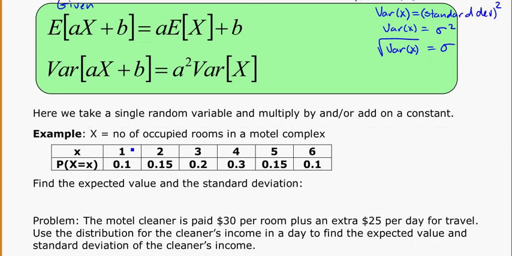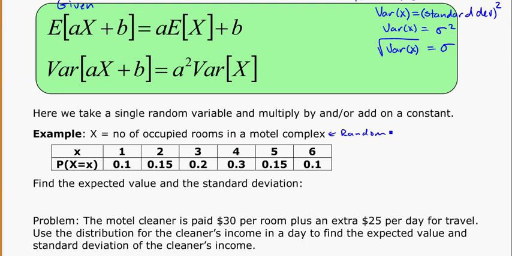So, if we take a single random variable and multiply it by something, or add a constant to it, that's basically what we're doing. We're taking a random variable X, multiplying it by something, and then adding another thing to it. As an example here, X is the number of occupied rooms in a motel complex. So this is our random variable.